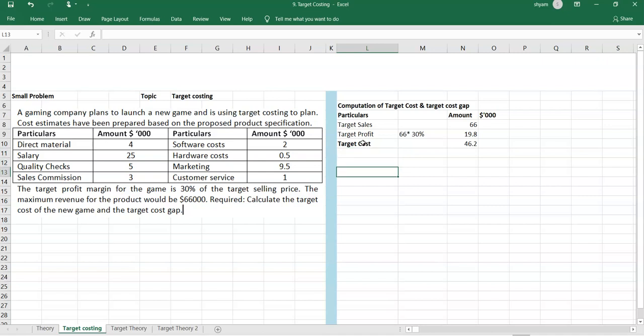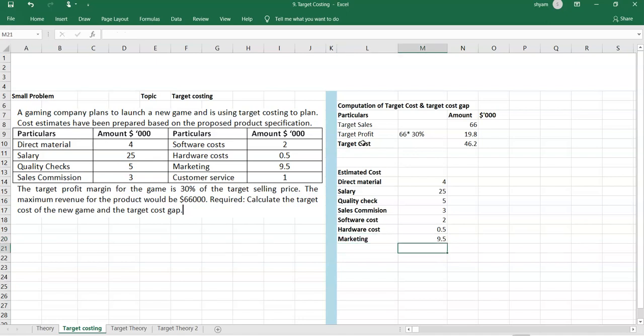So what we'll do is try to find out the estimated cost. The estimated cost is going to be direct material, which is 4, and salary 25, quality check, hardware cost, marketing, and customer service.